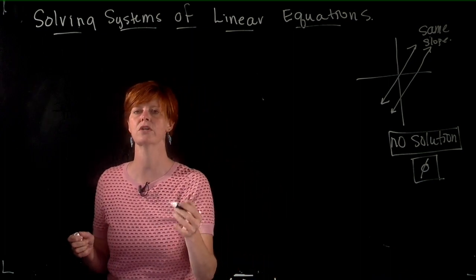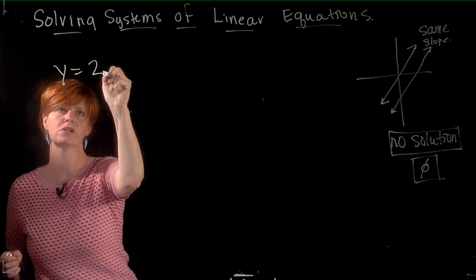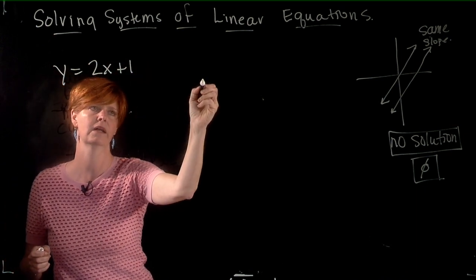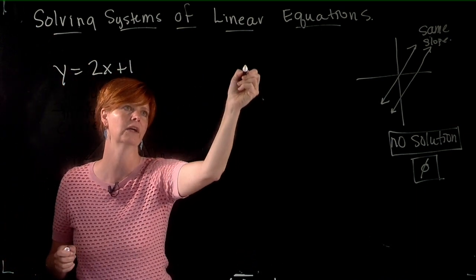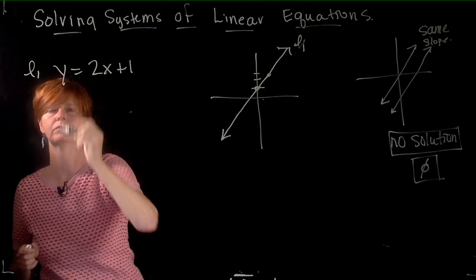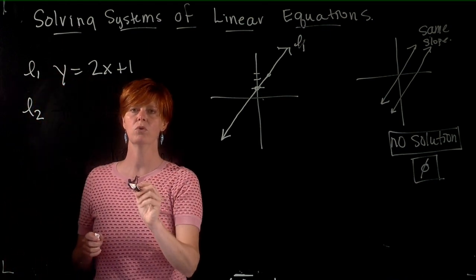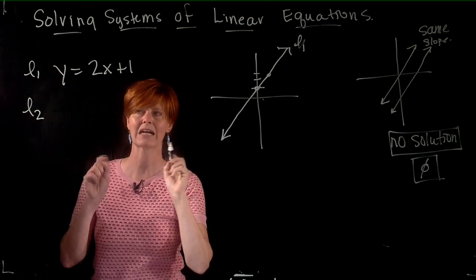And that is they give you an equation. And now let's go ahead and start to use some actual equations so you can see this. What if I gave you y equals 2x plus 1? And we graphed that here, okay? We'll call that L1. Then I go like this for L2. I give you what is the exact same line.